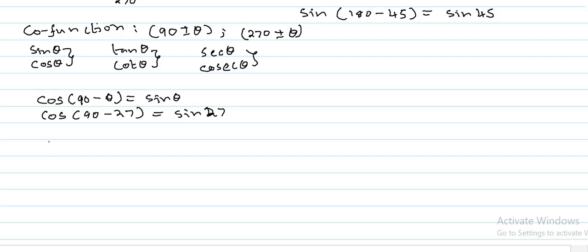What happens now when we are given cosec of 90 minus 20? What is the cofunction of cosec? It's sec. 90 minus 20 is quadrant number 1. And cosec is positive, also its cofunction will be positive. So this can be written as sec of 20.